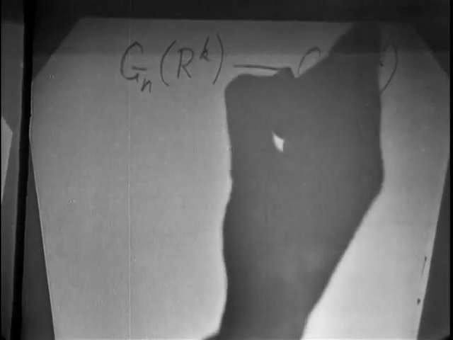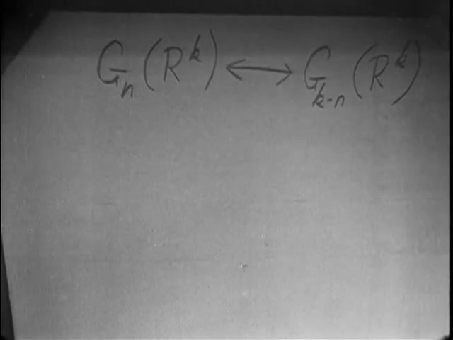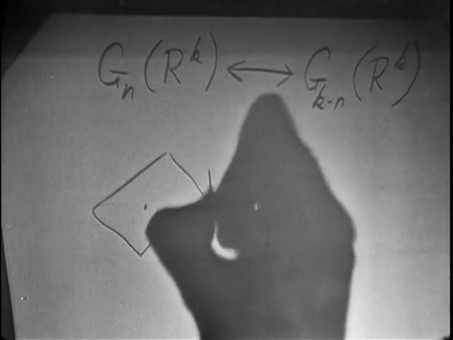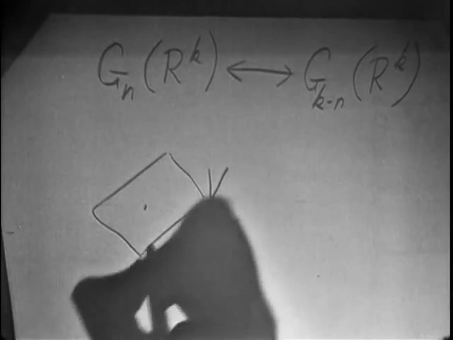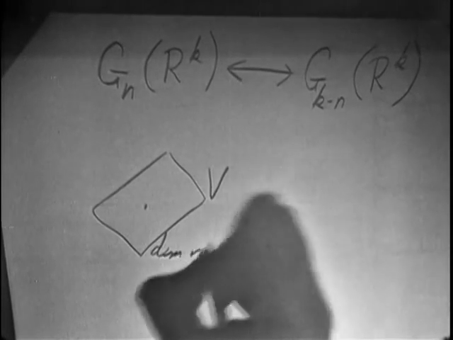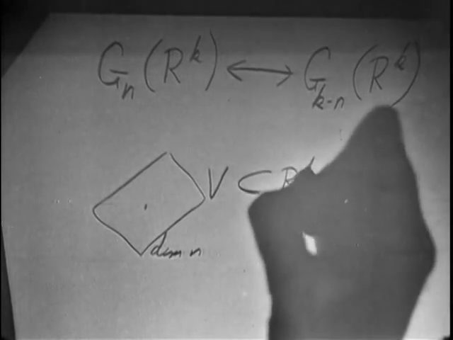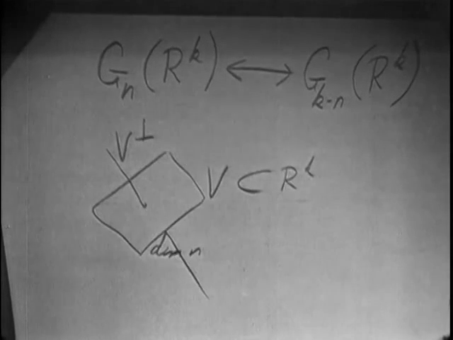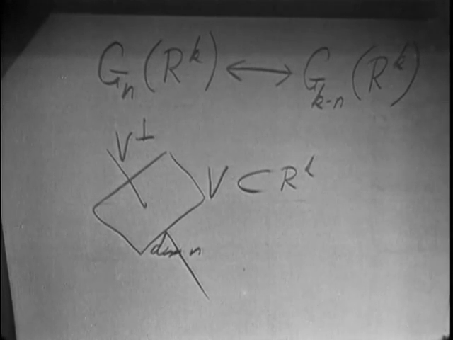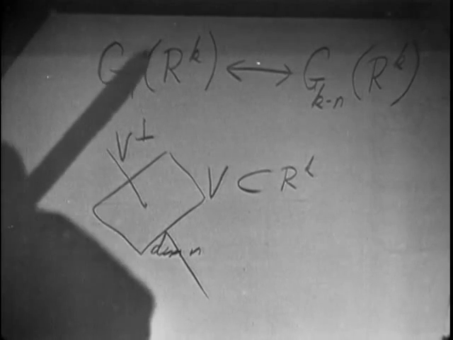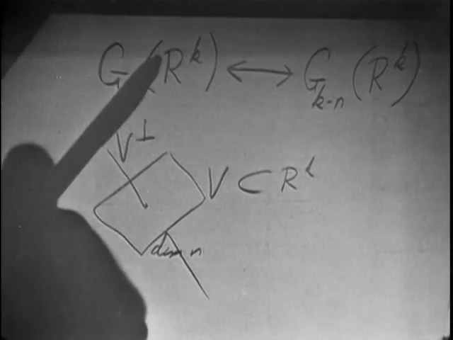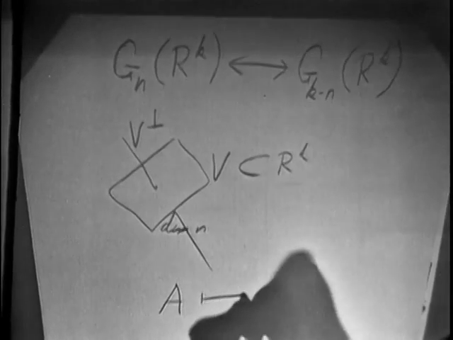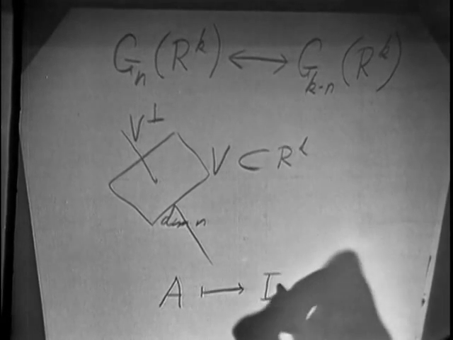I claim that we have a natural diffeomorphism between them, namely, to each vector space V of dimension n in Rk, we associate the vector space V perpendicular of dimension k minus n. The correspondence from V to V perpendicular gives us a mapping from here to here. In terms of matrices, we map A to identity minus A.